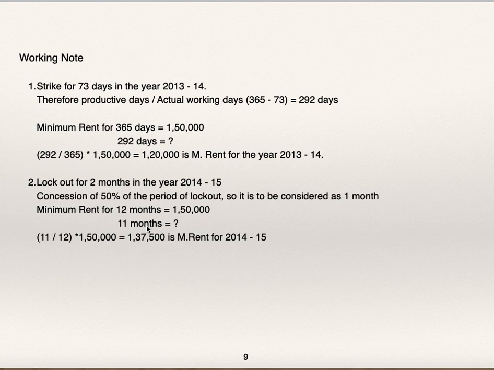So what should be the minimum rent for 11 months? 11 divided by 12 into 1,50,000. 1,37,500 is minimum rent for the year 14-15. So once you find out minimum rent for the year of strike and lockout, you can prepare the table. It will be easy for you to prepare journal as well as ledger.